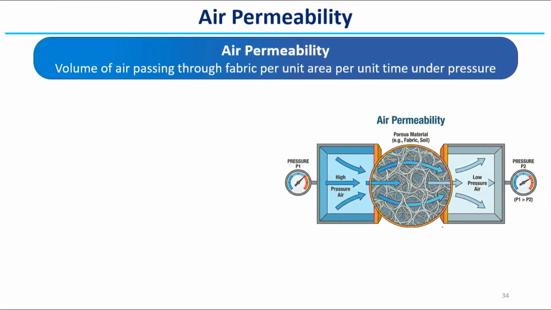Air permeability is basically the volume of air passing through the fabric per unit area per unit time under a certain pressure. We can see here with this schematic diagram that air is passed at different pressures through the fabric structure, a porous material.